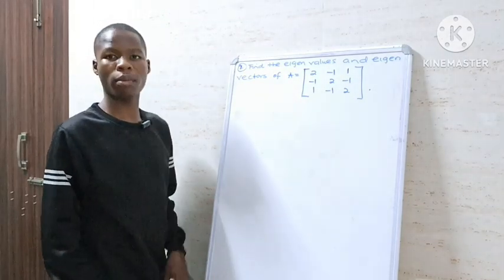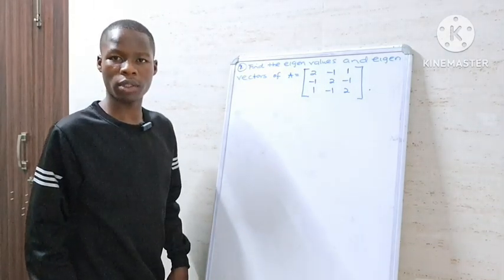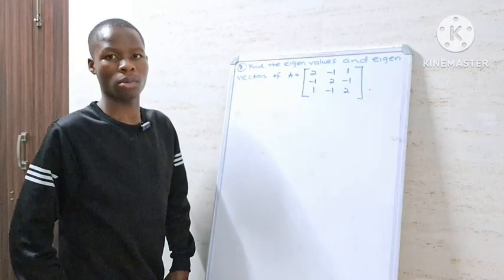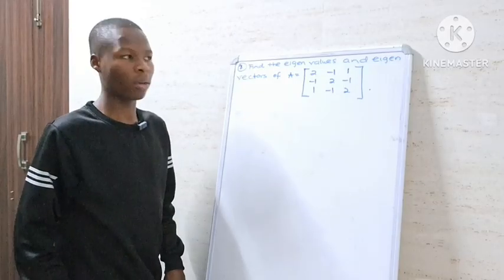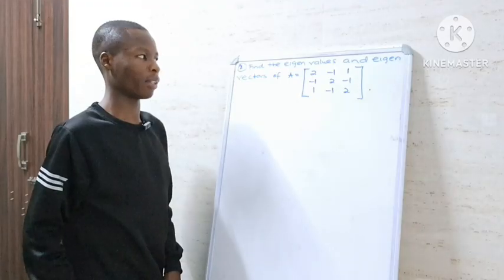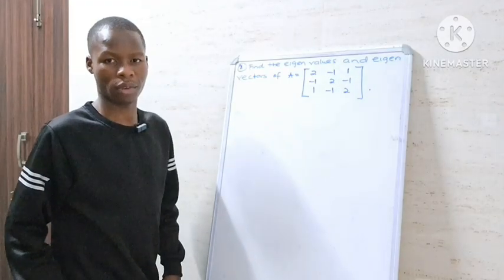Okay, in the previous question, we managed to find the eigenvalues and eigenvectors of a 2 by 2 matrix. Now, I'm going to teach you how to find the eigenvalues and eigenvectors of a 3 by 3 matrix.